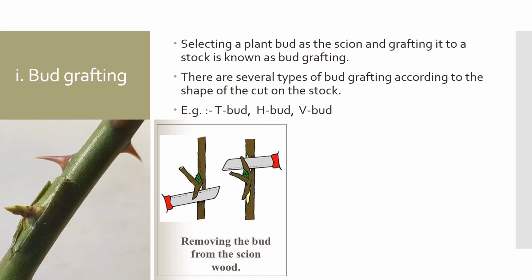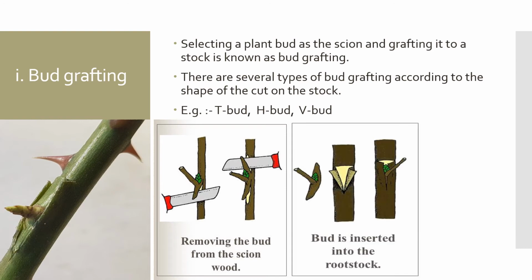So before starting to put the cut, we have to clean the tools we are using, and we have to remove the bud from the mother plant as the scion, as shown in this diagram, and then we have to put the cut on the stock plant, and here it has the T-shaped cut.